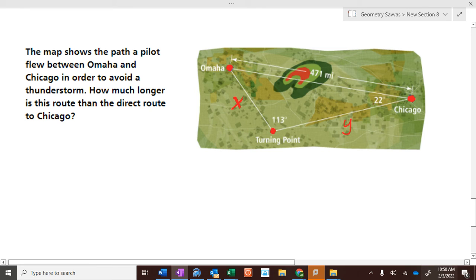Well, if this is 22 degrees, what's this angle over here by Omaha? If this is 22 degrees and we have 113 here, what's the angle by Omaha? 45 degrees. Okay, so to figure out X, is opposite of what? 22, and do I know two other opposites? 113 and 471.